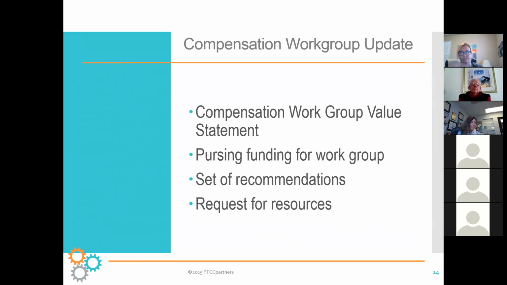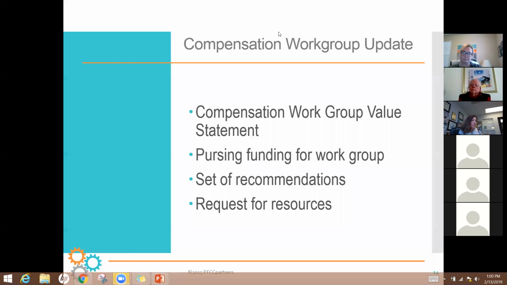Compensation work group. It's another work group that this network started to address how we compensate patient-family advisors for their efforts. Do we compensate them? What does that look like? Is that cash? Is that help? And how is that tied to getting disparate voices represented in advisory work?